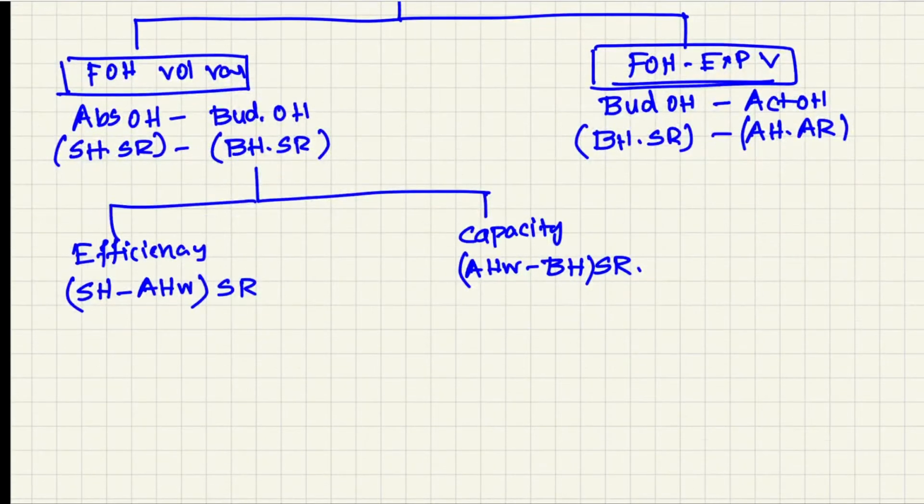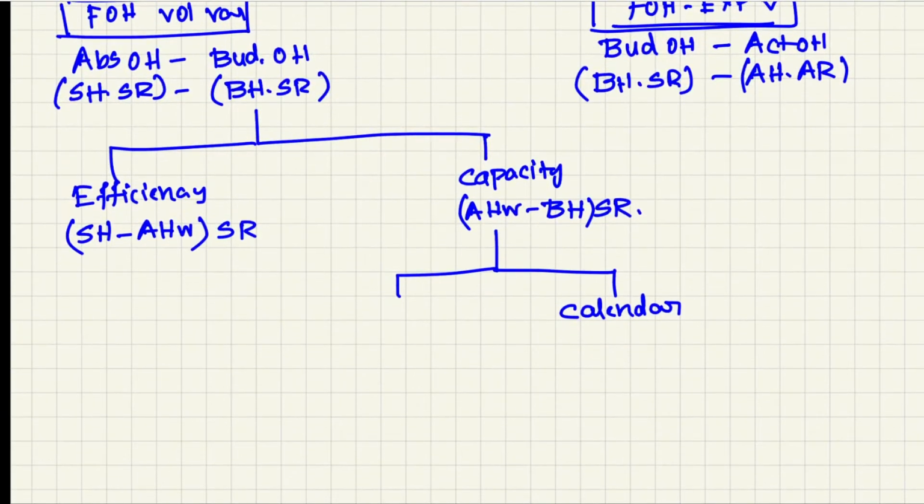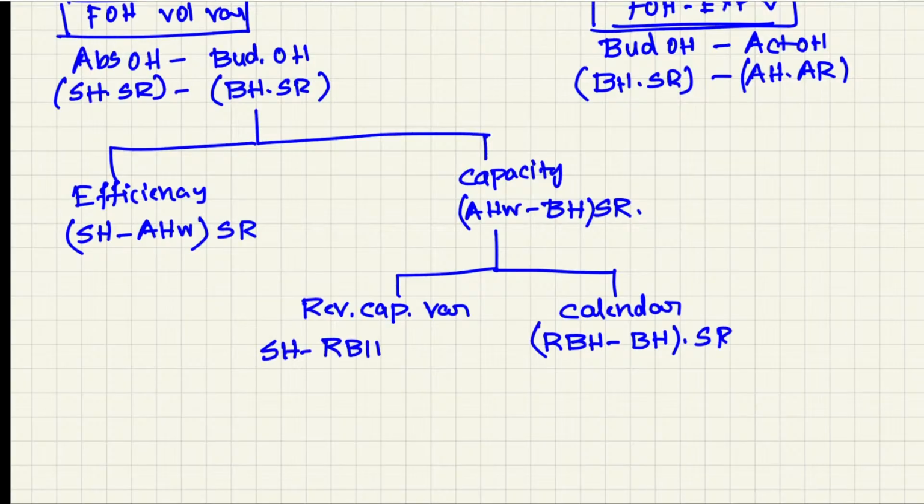So capacity variance can have two subvariances. One is due to calendar. If the number of days were different in that month, the calendar variance will come into picture. This is revised budgeted hour minus budgeted hour at standard rate. And you also have revised capacity variance. This is the difference between standard hour and revised budgeted hour at standard rate.